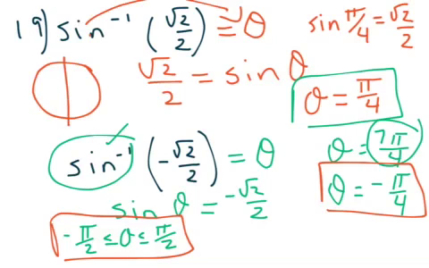But when you're talking about sine, we only can deal with this area right here, which is negative pi over 2 to pi over 2. You cannot go around here to get to this value here. You only can go down here, which is clockwise. That means when you're going clockwise, it's the negative right over here.